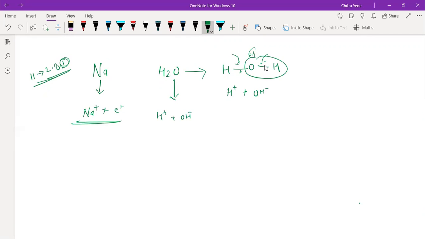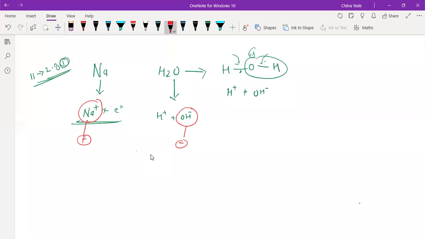Now understood, Pallav? Yes, sir. Now here we have two different ions: sodium ion which is positively charged, and hydroxide ion which is negatively charged. They have opposite charges, so they attract each other, because opposite charges attract and same charges repel each other.